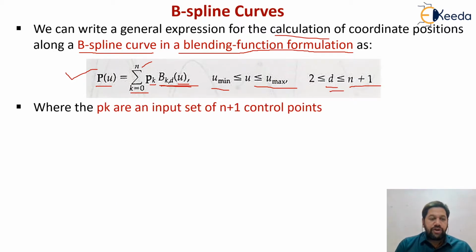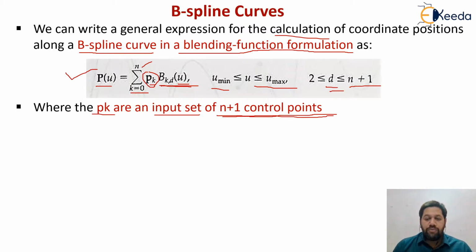Now let us continue our discussion. The pk that we are considering is the input set of n plus 1 control points, that is, the position vectors or control points.